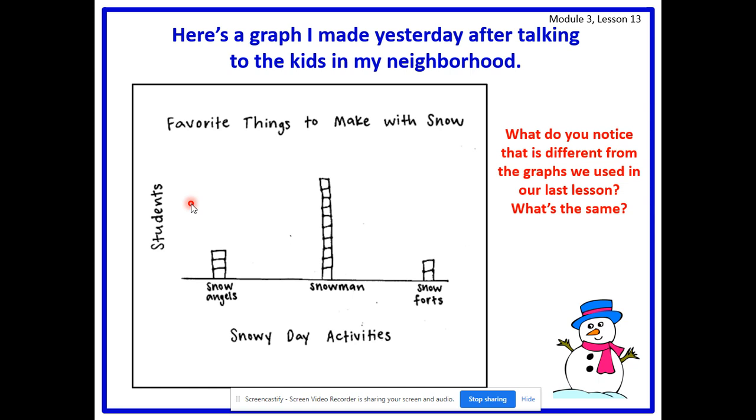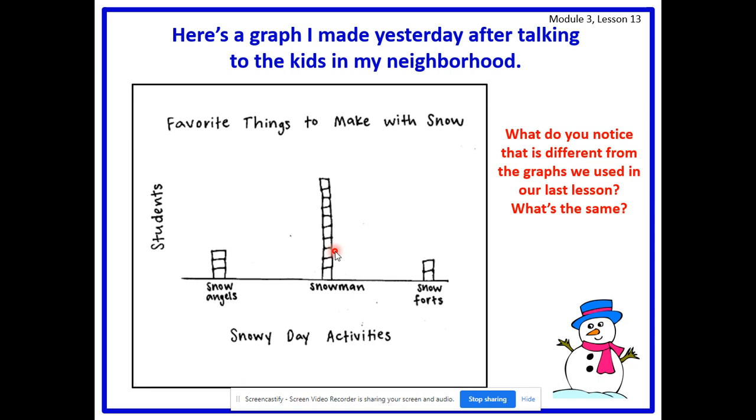What do you notice that is different from the graphs we used in our last lesson? Say one thing. Get ready. Yes, like the starting point is at the bottom of this graph now. Yesterday we started our graphs from the top, if you remember. Today they're built like towers, but it's still following the rules.